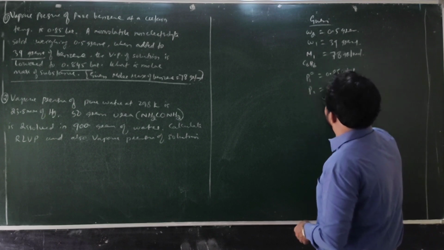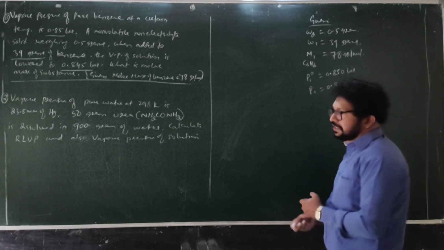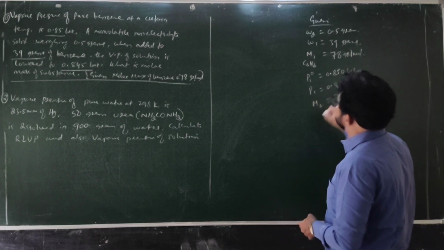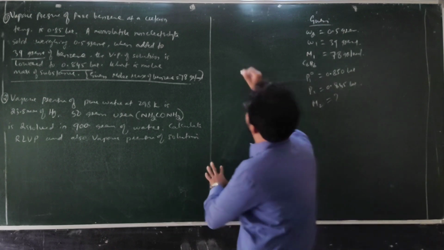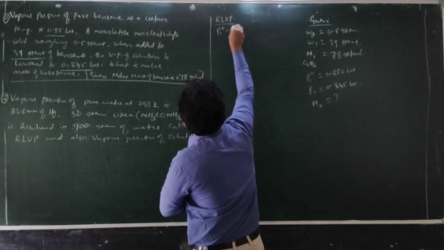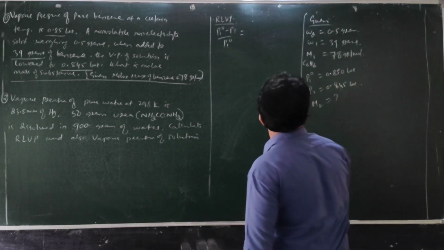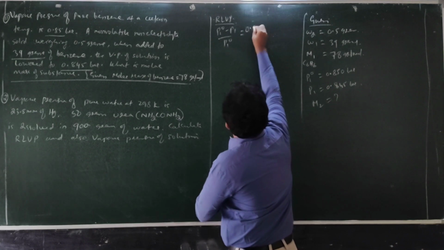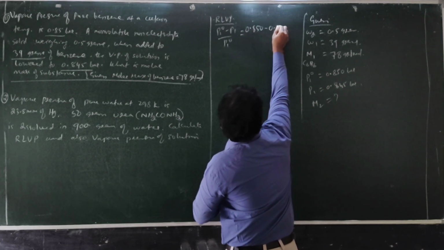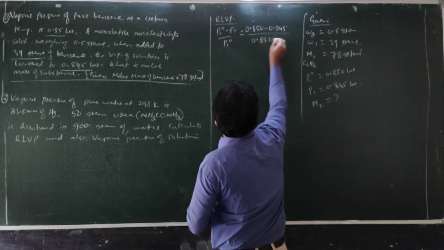What is P1? 0.845 bar. M2 is the question mark. Correct? I do two stages. First RLVP I calculate. P1 naught minus P1 by P1 naught equals 0.850 minus 0.845 divided by 0.850.